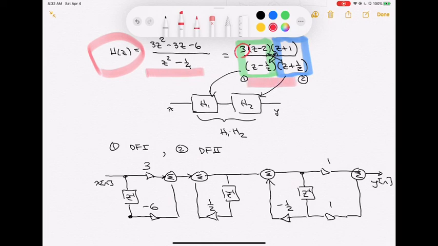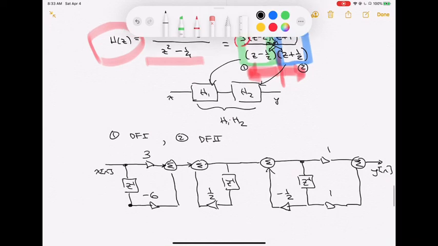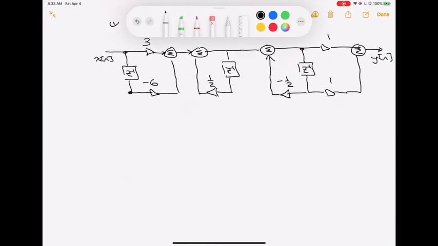I wrote it as a product of 2 transfer functions, right? Lots of choices for how you group that. I picked a particular way, and then we just took the first one and cascaded it with the second one, something along those lines. So there's an example of, in this particular case, this idea of getting a series kind of relationship in there.